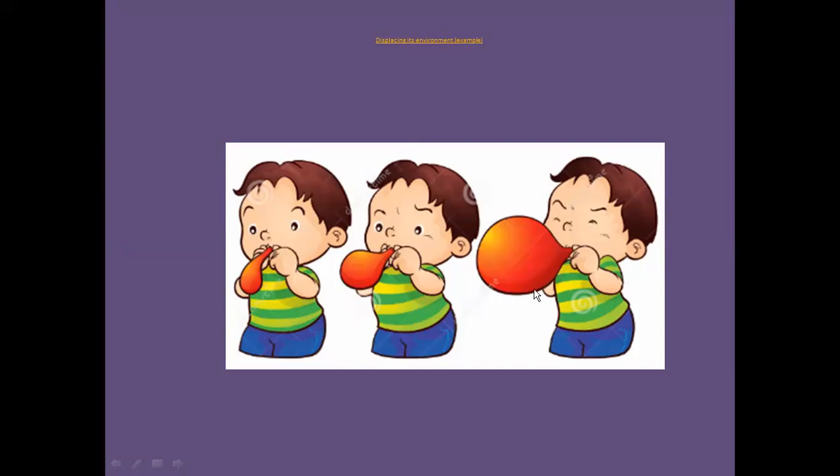So when we blow the balloon, you can see the balloon expands. The balloon is here and there is a surrounding. You can see that the balloon displaces its surrounding because it is occupying more and more of it, displacing the environment.